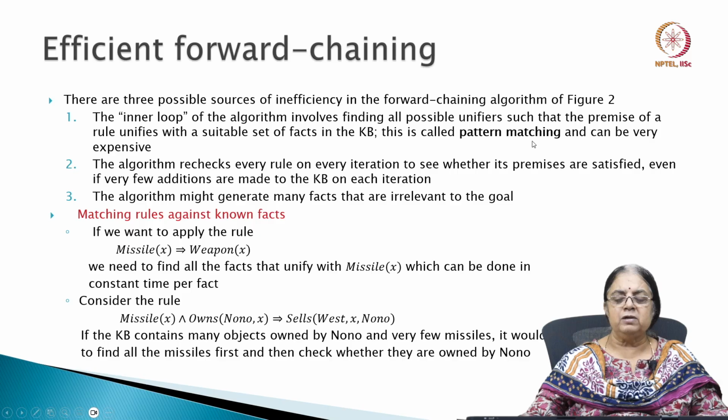When we use forward chaining, there's a lot of inefficiency, and the source of the inefficiency is that in every iteration, you are going to check every rule to see what facts match the left side, and then we infer the right side. But this may take a lot of time because you need to use what is called pattern matching, and this pattern matching is what takes time.